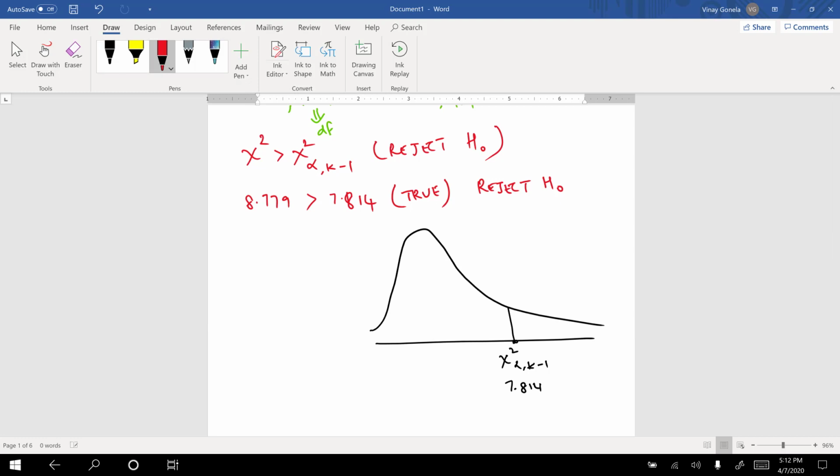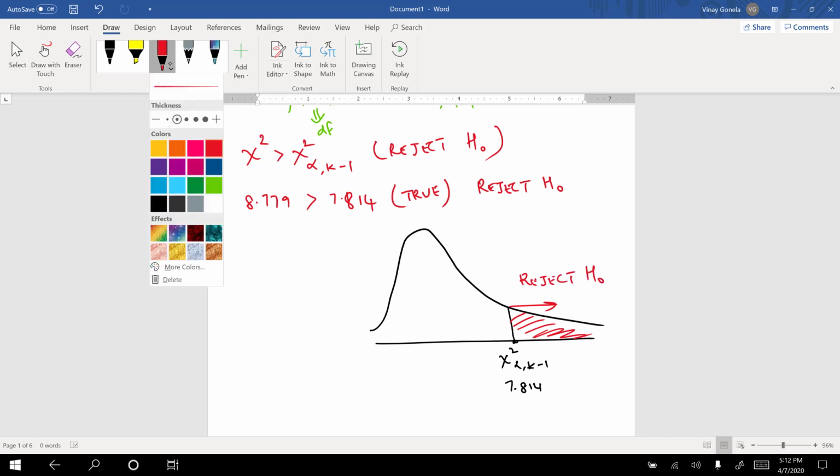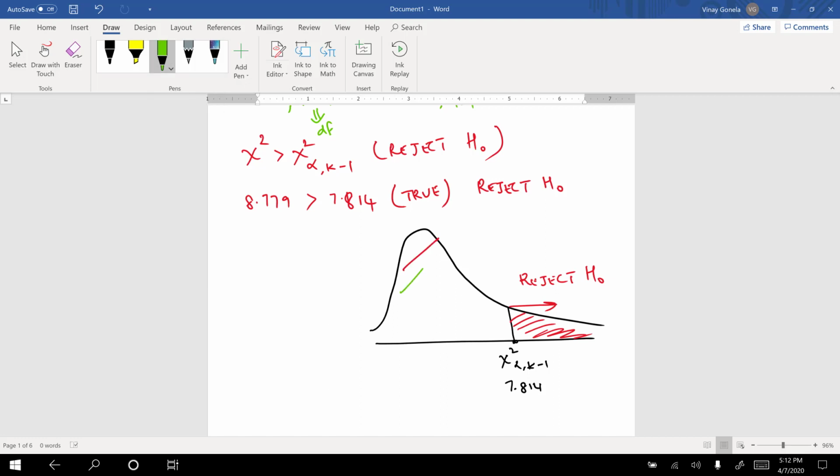Anything to the right of this point would be reject H null, and anything to the left of this area is do not reject your null hypothesis.